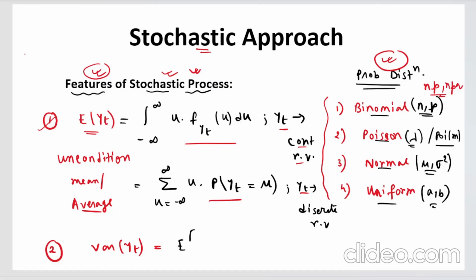It is simply the expectation of yt minus expectation of yt, whole square, which is also written as sigma t square, right? So this is the formula of variance of yt. Variance basically measures the dispersion from the mean, right? Variance measures the dispersion of each of these observations from its mean, and this is the way you find the variance.